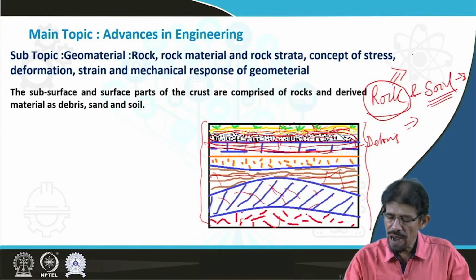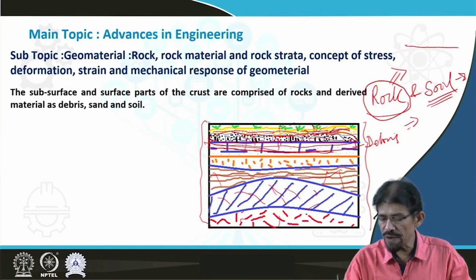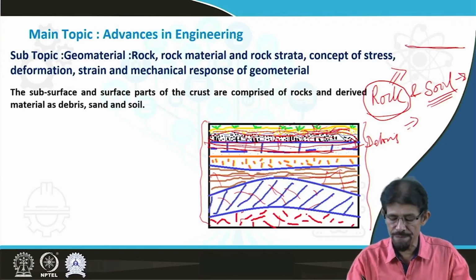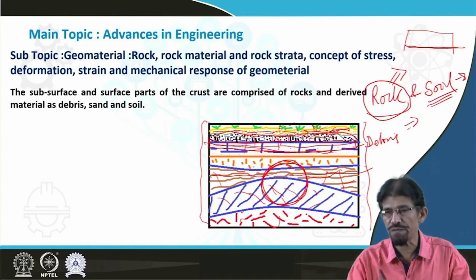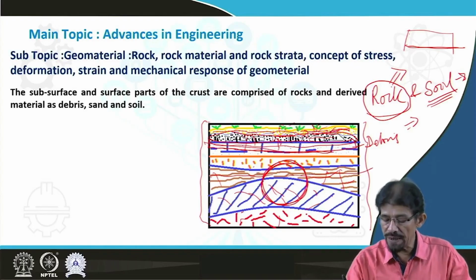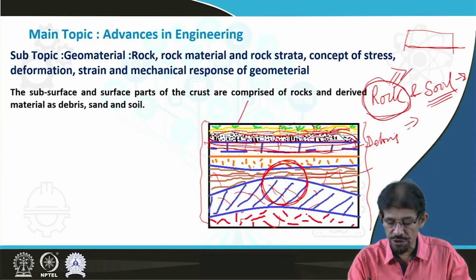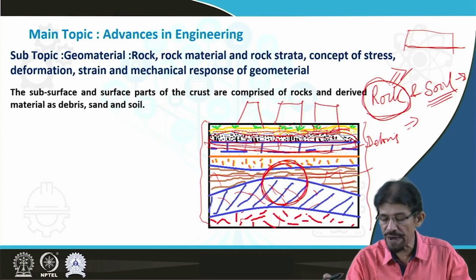As far as rock is concerned, we are going to utilize rock for various purposes: as a surface for the foundation of the strata, as a host for the creation of a number of facilities, underground facilities, and as a material for construction of a number of structures like pillars, buildings, and pavements of roads and others.